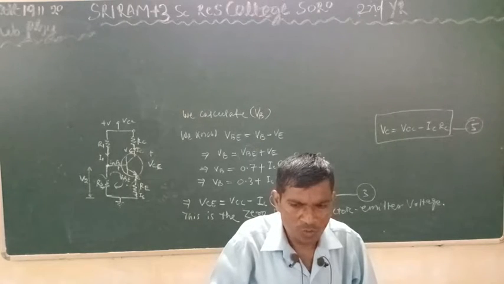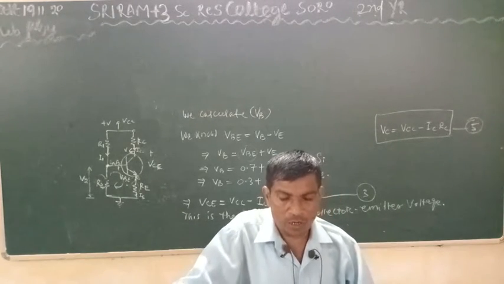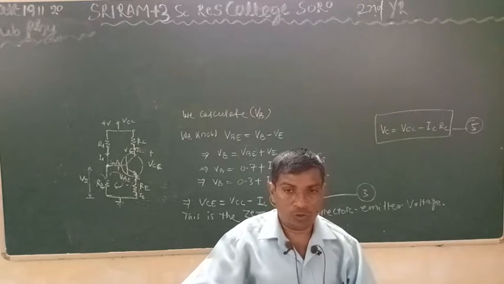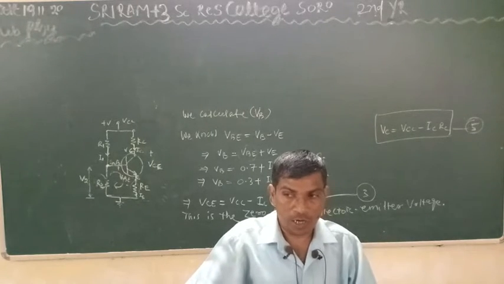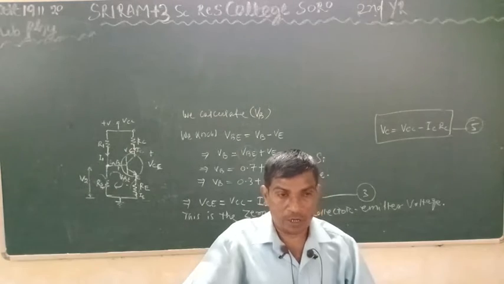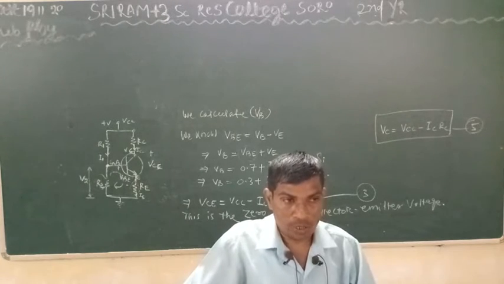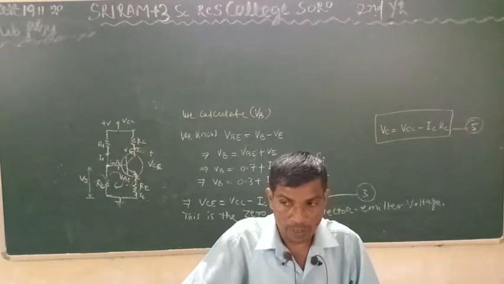Now we consider the operating point of a transistor, also known as the DC load line. The DC load line is nothing but the geometrical representation of the voltage in collector and emitter and the current in the collector.